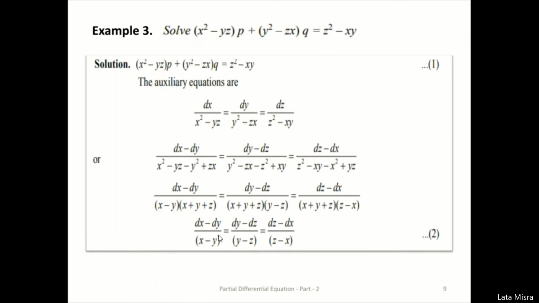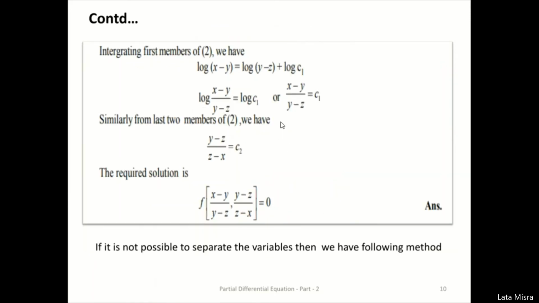When we take the first two terms, we have the integration log(x − y) = log(y − z) + log c1. By applying the property of log, we get (x − y)/(y − z) = c1.